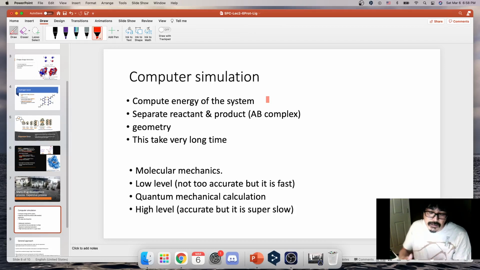So instead of trying out 100,000 chemicals to fight against this particular disease, you can try out maybe 200,000 chemicals in the computer simulations, and then out of that, maybe the better half, you can use to do the experiment to find the drug candidate, I guess.